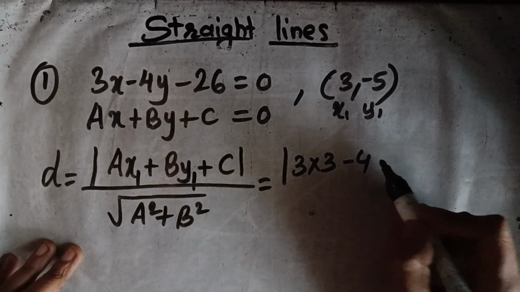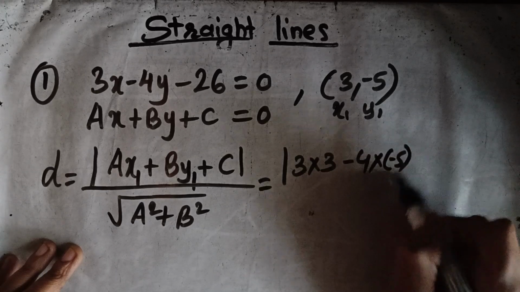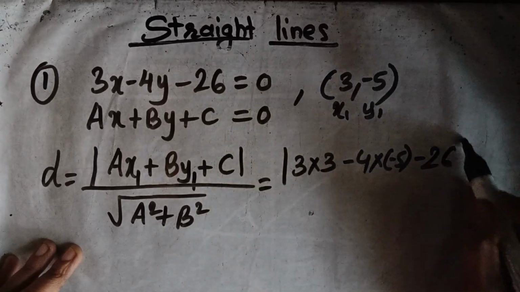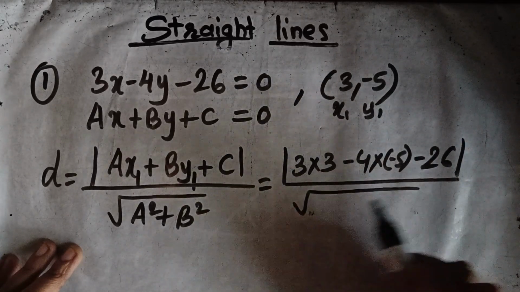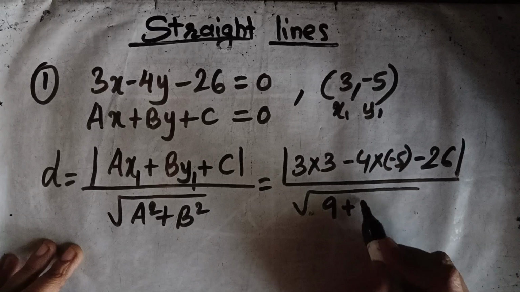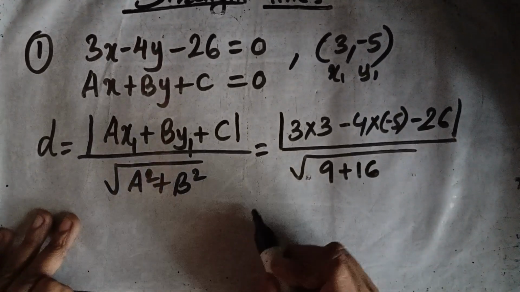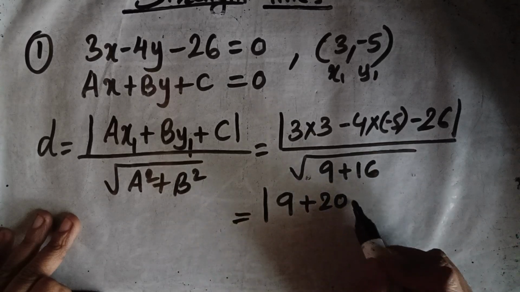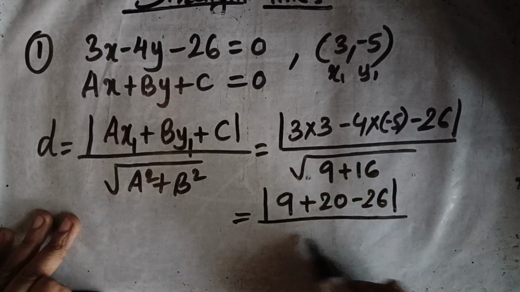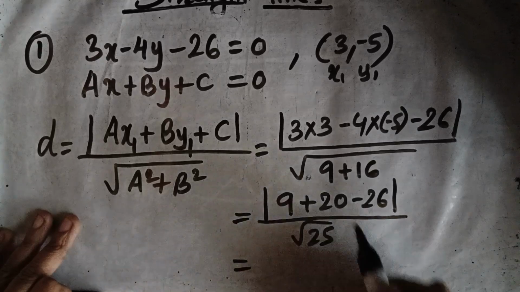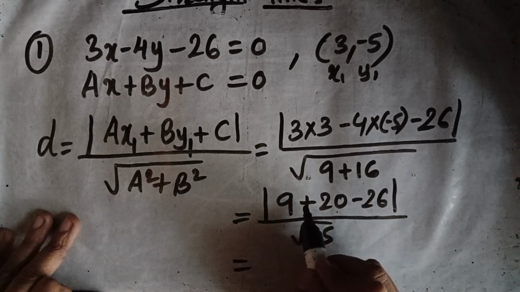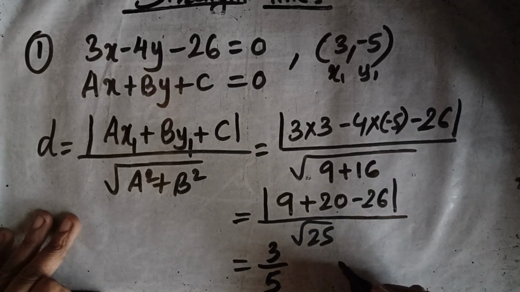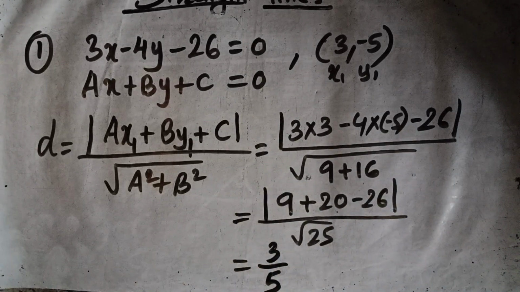B is minus 4 and this is also minus, plus c, minus 26, over root of a square 9, b square 16. So this is 9 plus 20 minus 26 over root of 25. So this is minus 6, and minus 6 plus 9 is 3. So 3 upon 5 units. This is the distance.